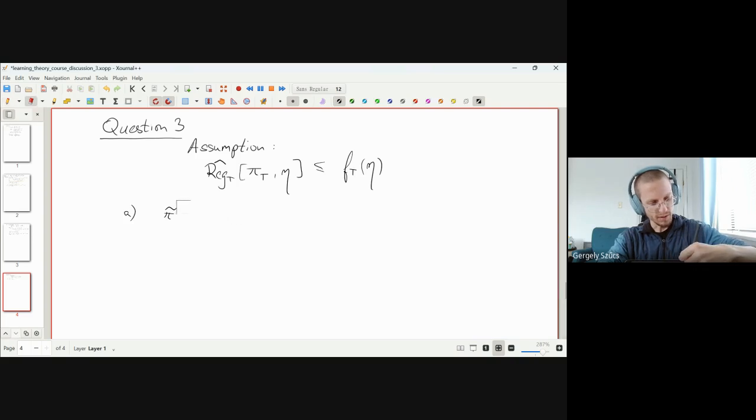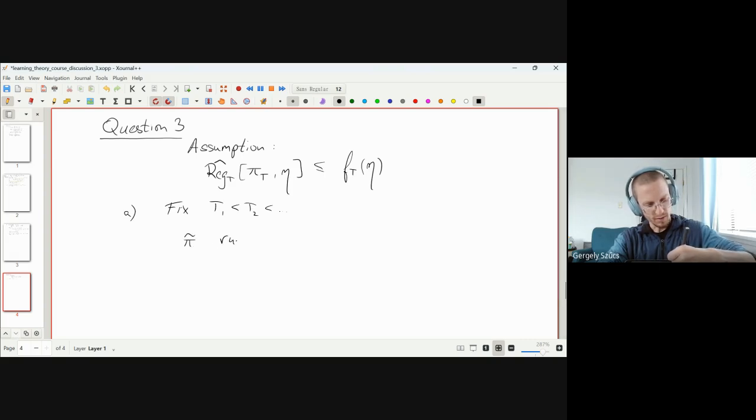So we fix a series of lengths, t1, and so on. These are the amount of time we run each iteration.